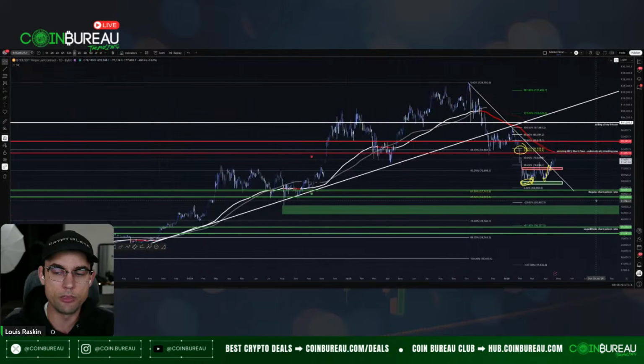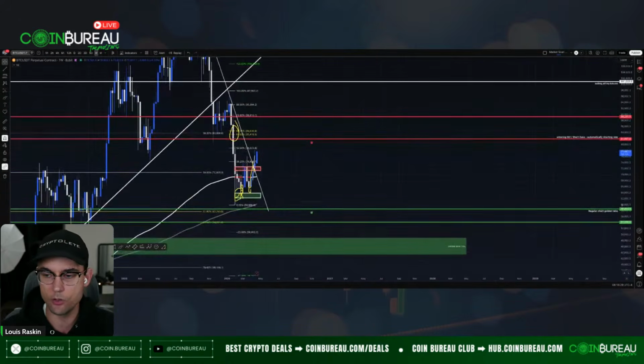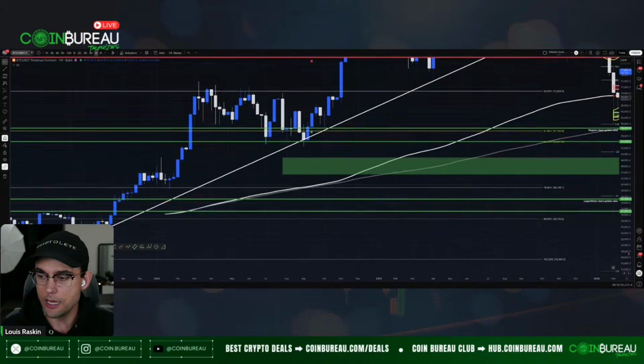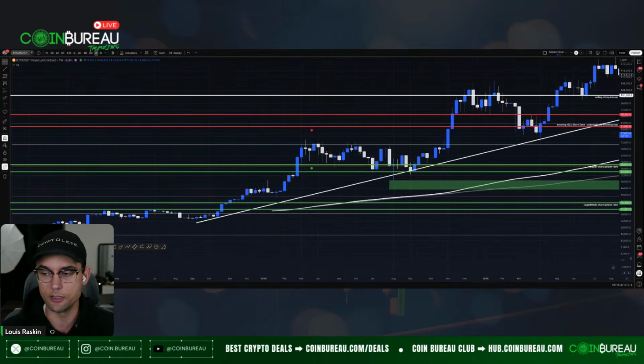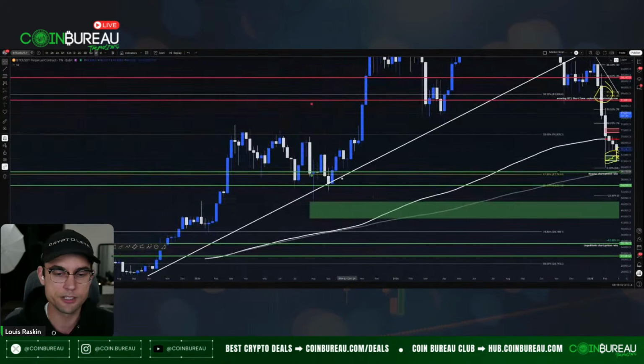And the other thing that I do look at though, is I see this giant wick. If I zoom in, I want to make sure that you guys could see it. I zoom in over here, and you can see there was this huge wick that happened back in August of 2024. So I do believe that underneath there at around 48,000 there's probably a lot of liquidity. I'm sure there's a lot of bids or stop losses down there.